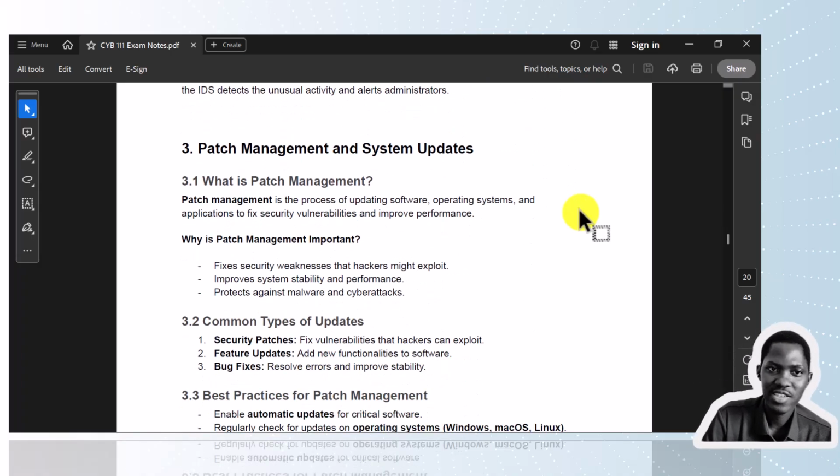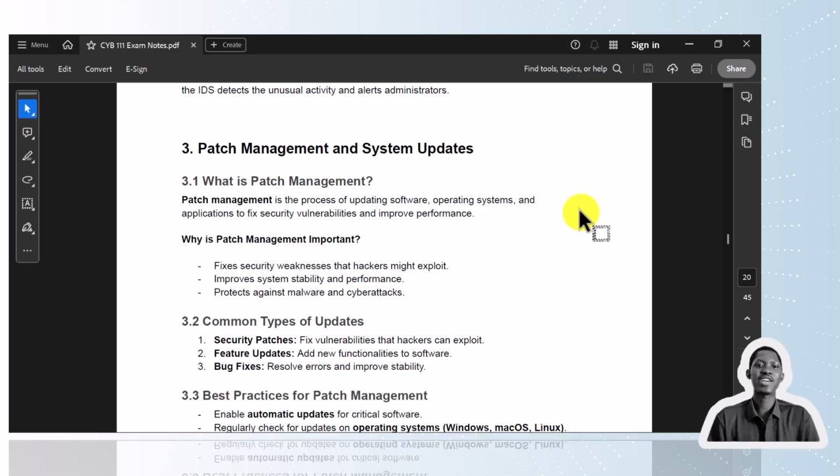Patch management and system updates. So what's the formal definition for patch management? You already know what system updates are now. Patch management is the process of updating software, operating systems, and applications to fix security vulnerabilities and improve performance.